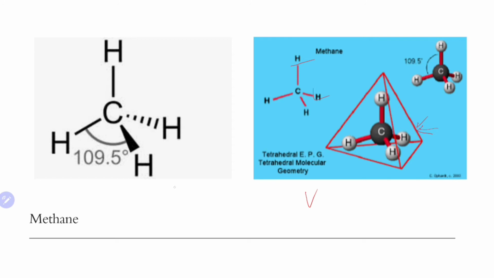So the same for CH4 or CCl4 will be the same. The difference is only in this. If this is Cl, then around Cl will follow the octet rule. For hydrogen, duplet. Around hydrogen only 2. Around Cl, there are 8 electrons in the outer shell.